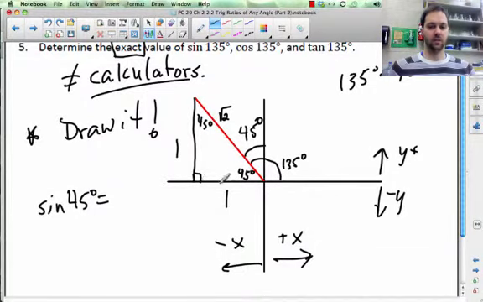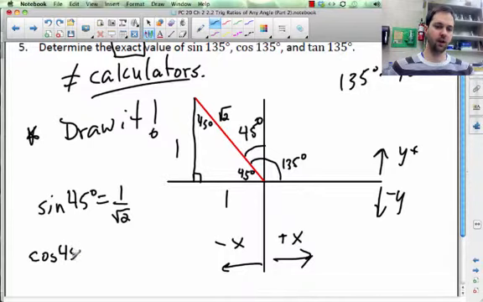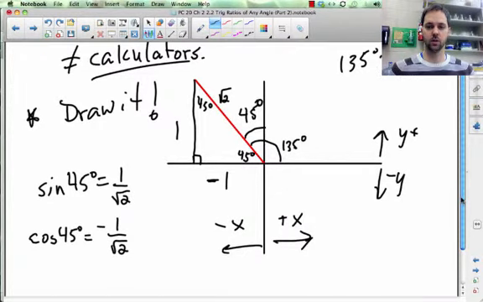So sine of 45 is opposite over hypotenuse, which is 1 over root 2. Cos 45 is adjacent over hypotenuse, which would also be 1 over root 2, but we know that since the x value is going to be negative, we have to apply negative to this 1, because it goes left, and this is going to be negative 1 over root 2.